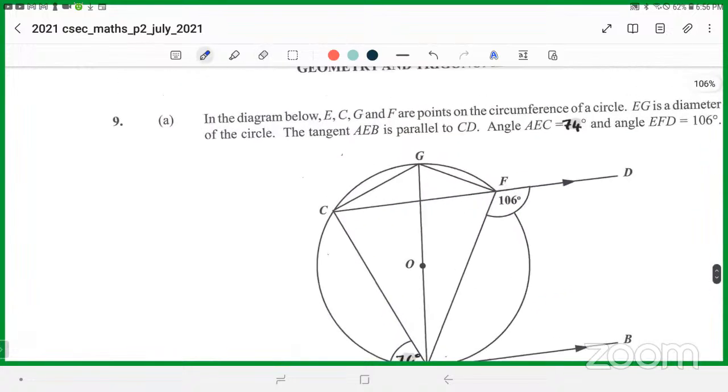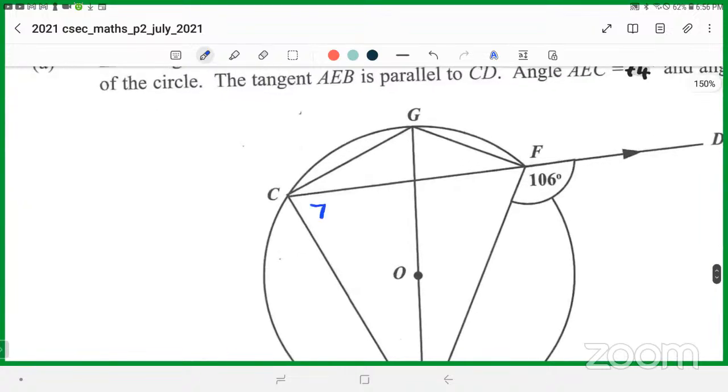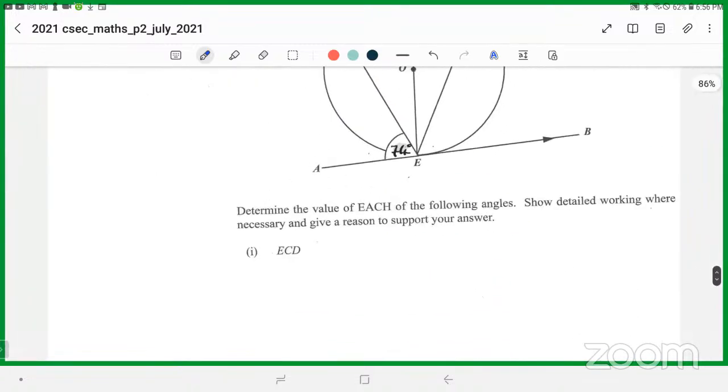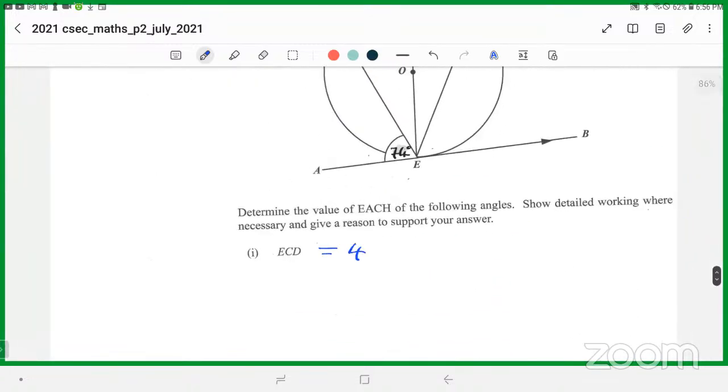So this angle right here is also 74 degrees. I'm going to write 74 degrees.